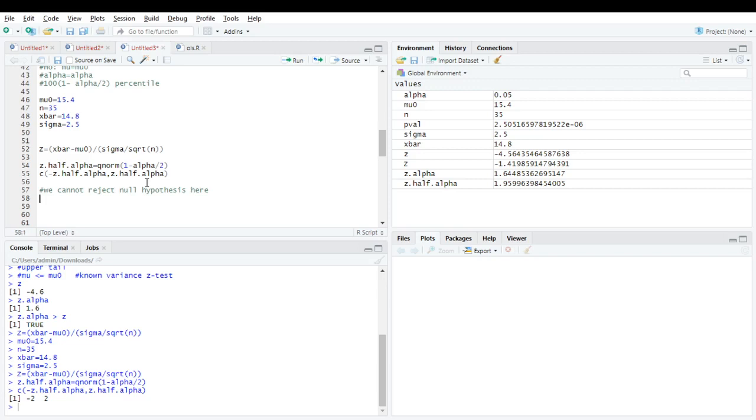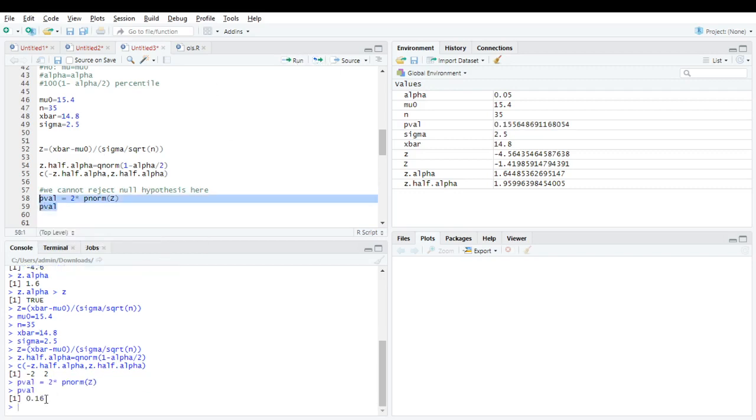So another way of checking this is determining your p value. This time it will be 2 times of your p norm of your z value. Okay, as you can see, p is much higher than 5%, so we cannot reject this.